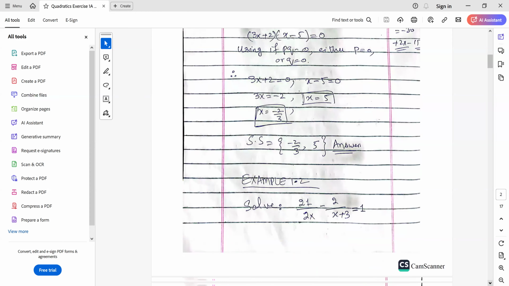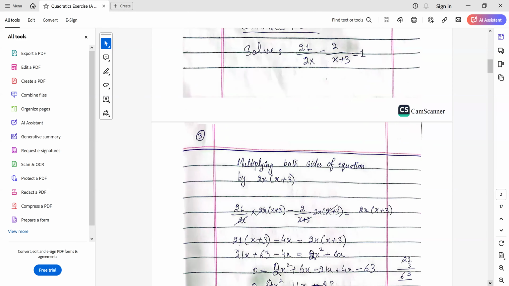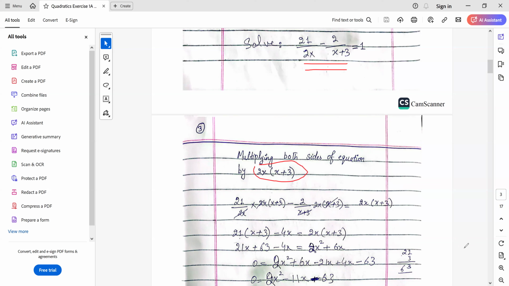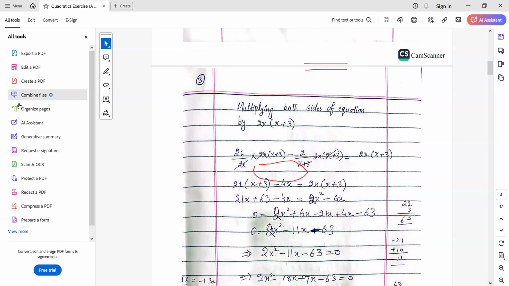When the equation is given in this form, you can take the common LCM and multiply it by the LCM on both sides. This will reduce to our desired quadratic equation, which we will solve by the factorization technique.